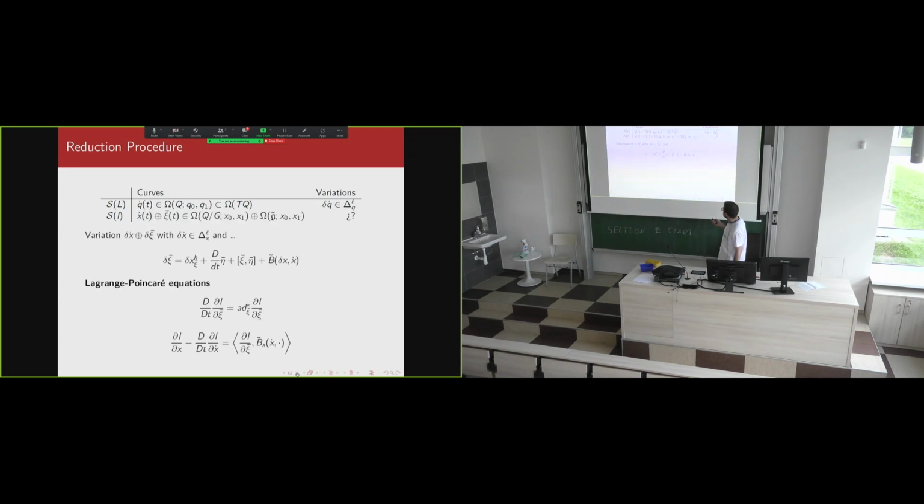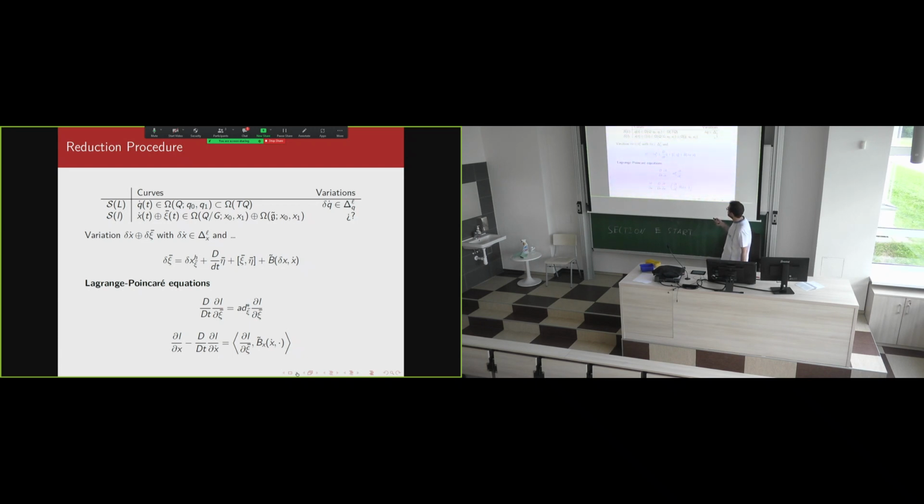In the reduced variational principle that I have, I always say that the points are going to be fixed. So the curve that I use to define the variation of the curve in the adjoint has to have the points fixed. That condition holds even in the Lagrange-Poincaré equation.